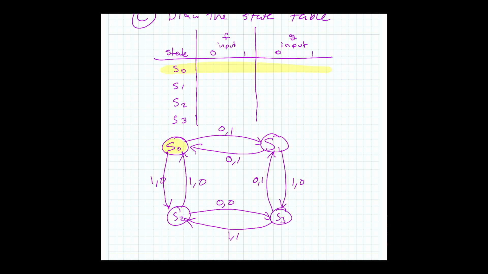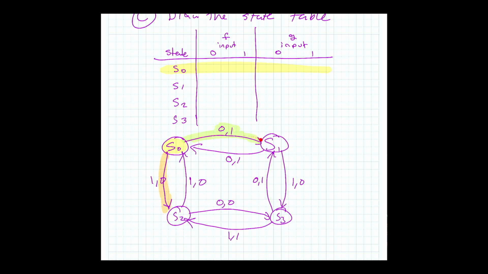There's going to be 2 arrows leaving there. There's this arrow, and then also there's going to be this arrow. 2 arrows leaving S0, and one of them corresponds to the input 0, and one of them corresponds to the input 1.